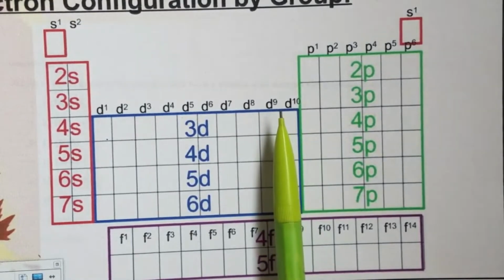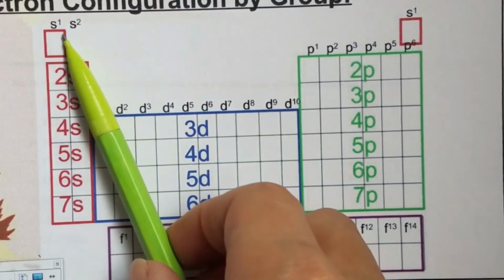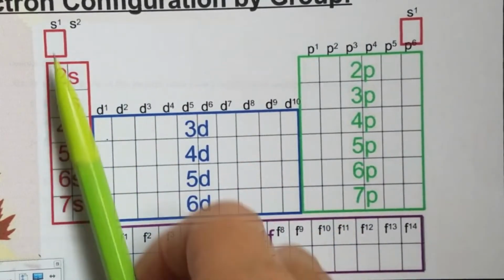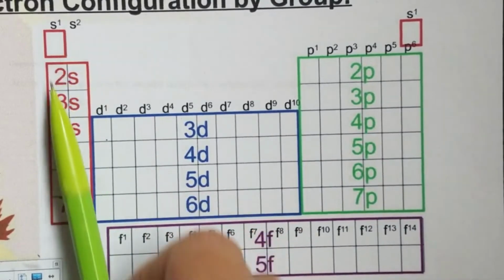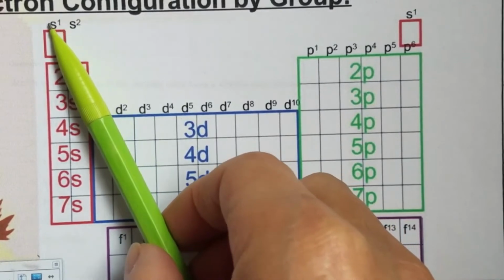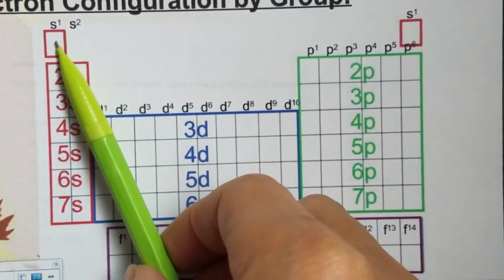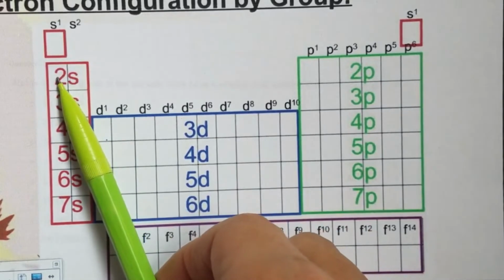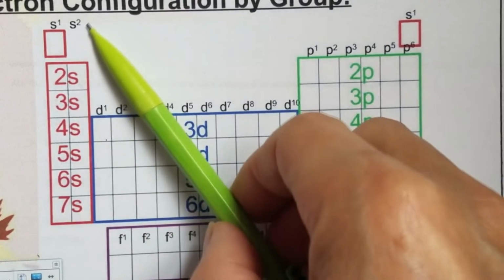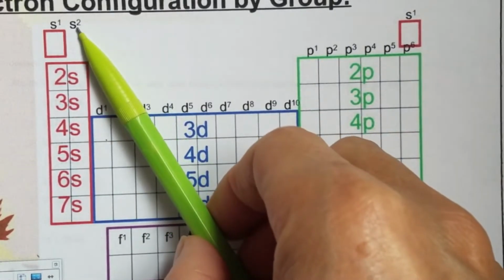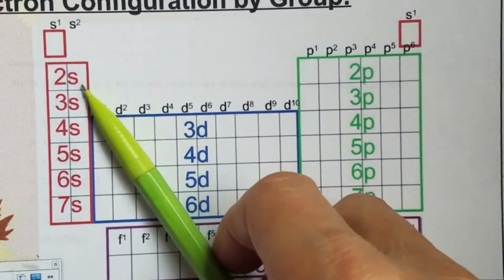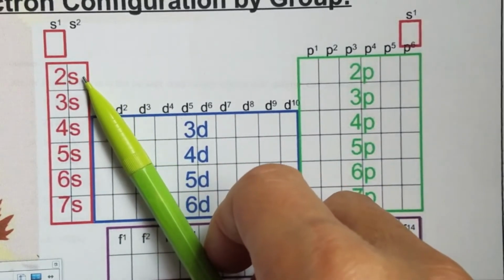For the s electrons, all of the elements in group 1A always have an electron configuration of s1. If this is hydrogen, 1s1, and then lithium would be 2s1, 3s1, 4s1, 7s1. And group 2A should always be s2. This is really easy if you understand this.